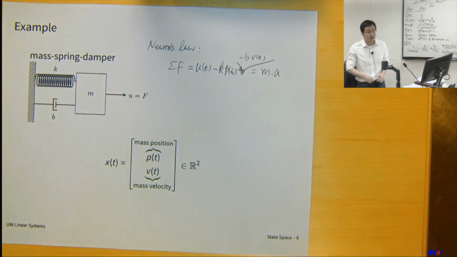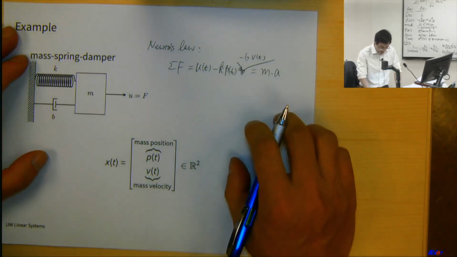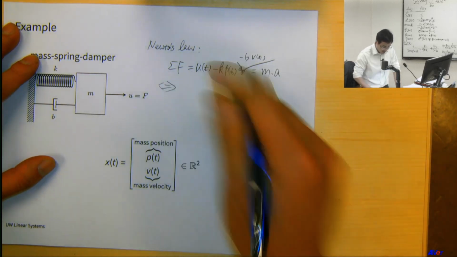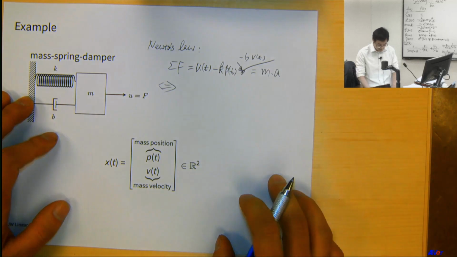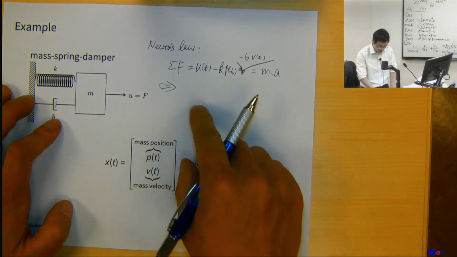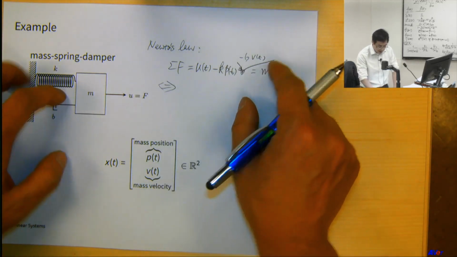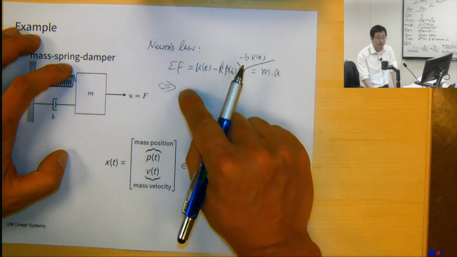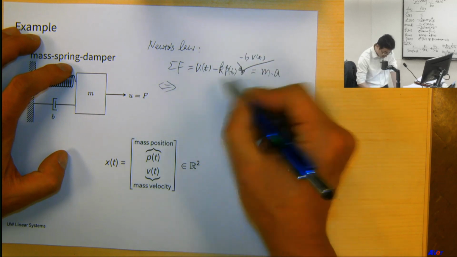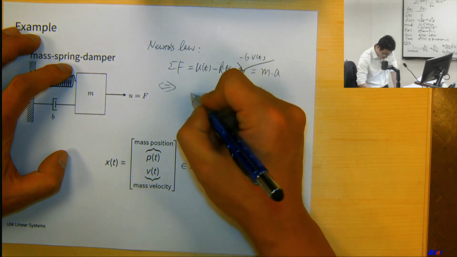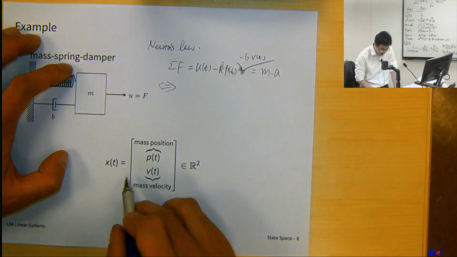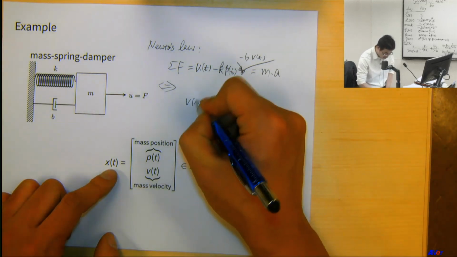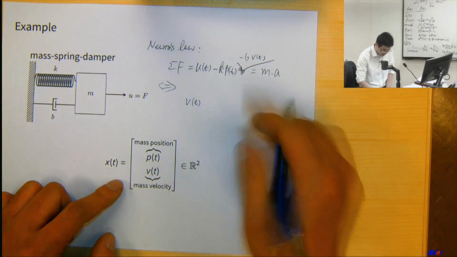So we talked about this model previously. We're going to do a little bit of exercise and translate these ordinary differential equations into a state equation. We know from here there are 2 states. I want to know v(t), this is my second state, right?